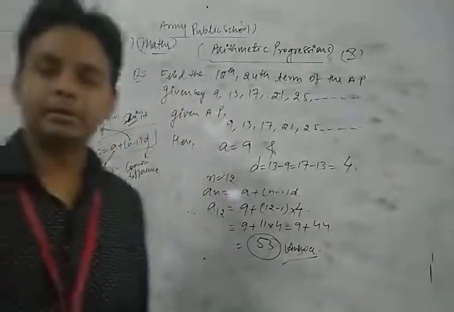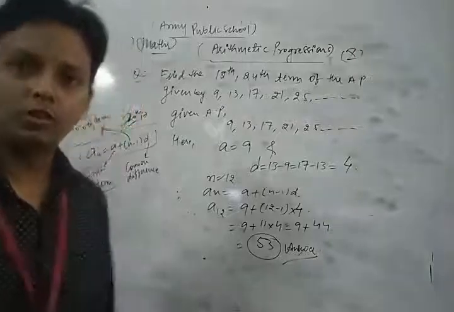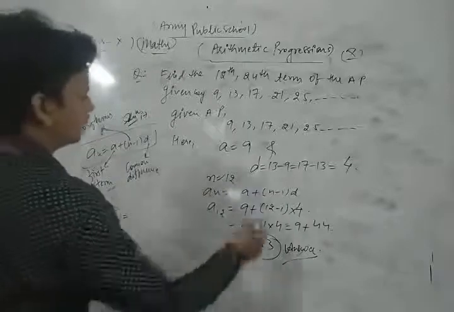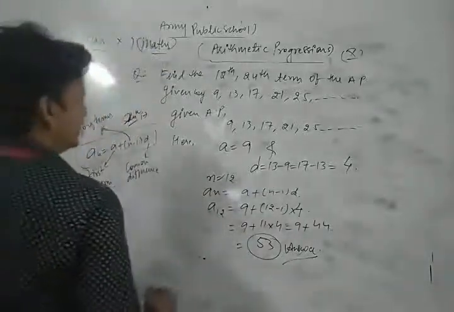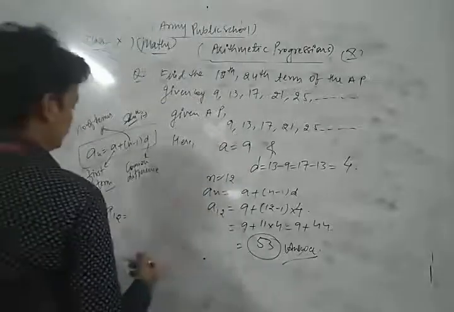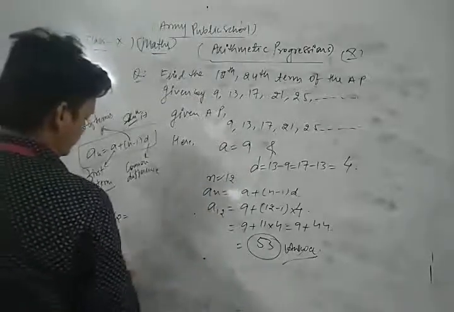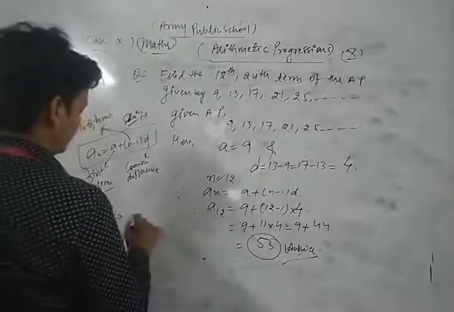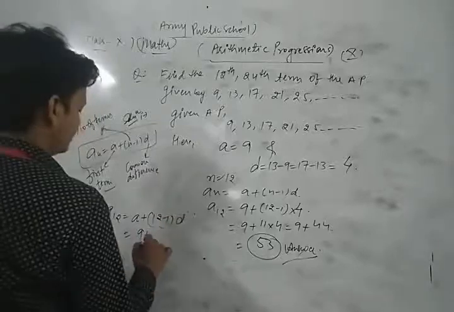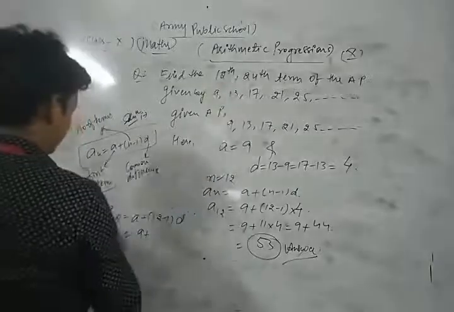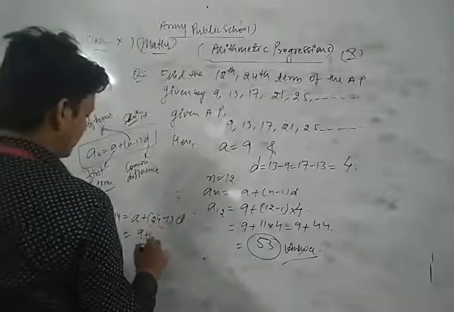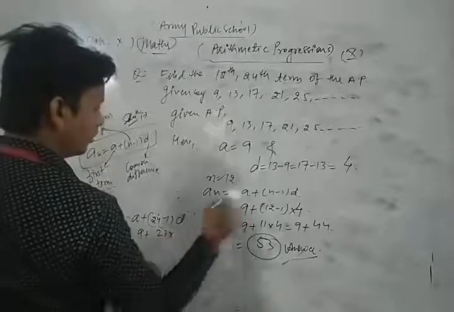Now similarly we find the 24th term of the AP. A24 is A plus 24 minus 1 into D. So A is 9 plus 23 into the value of D, which is 4.